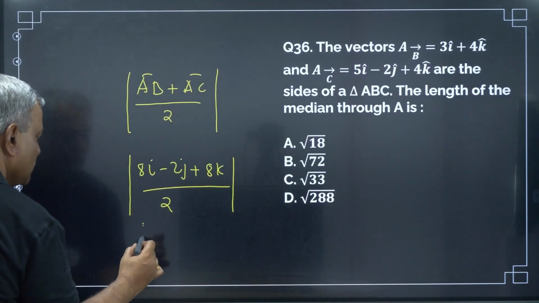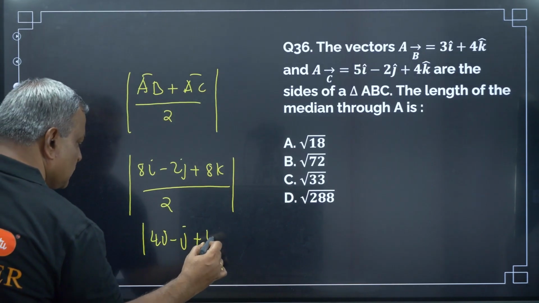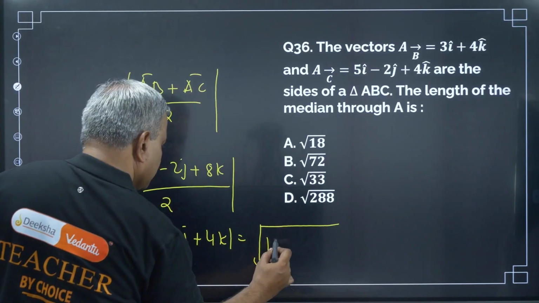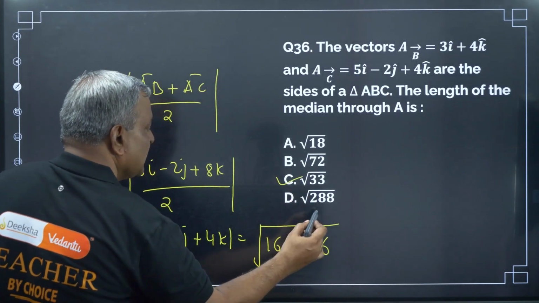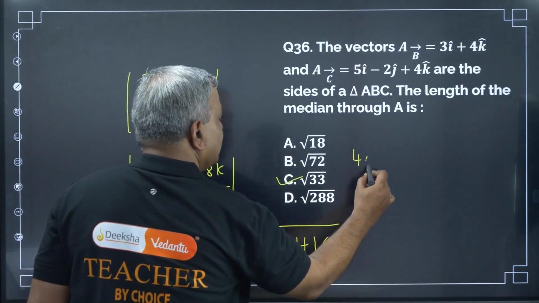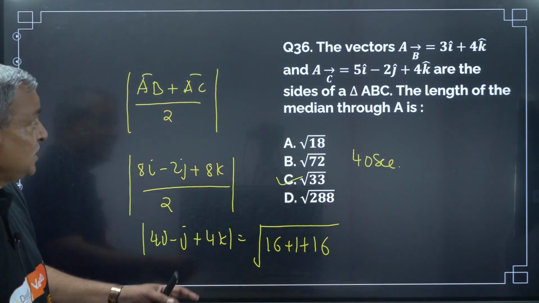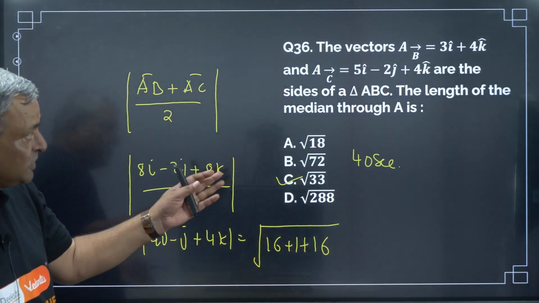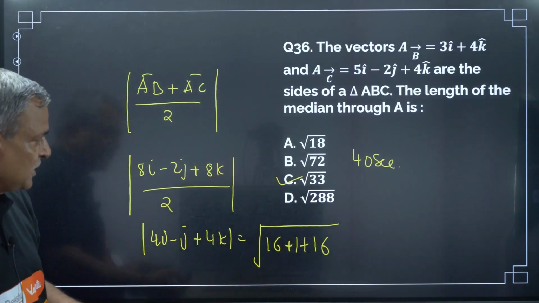This will give you how much? Modulus of 4i minus j plus 4k will give you under root of 16 plus 1 plus 16, root 33. It will take hardly 40 seconds. Okay. Condition, you must know the formula. You know the formula, hardly 20 seconds. Otherwise, if you have to think over it, then you write it, then it takes 40 seconds.